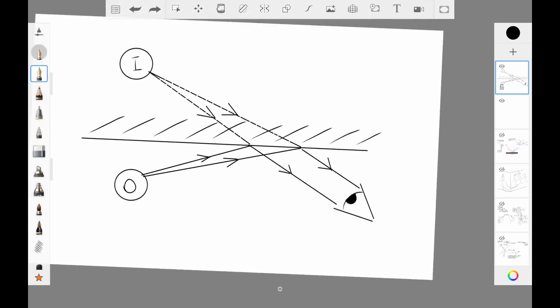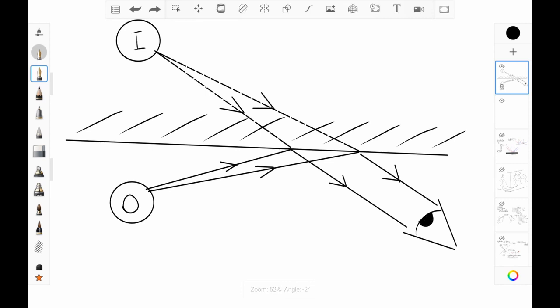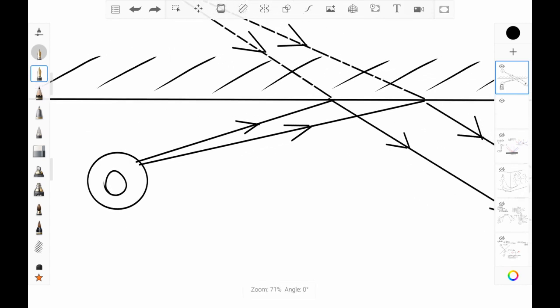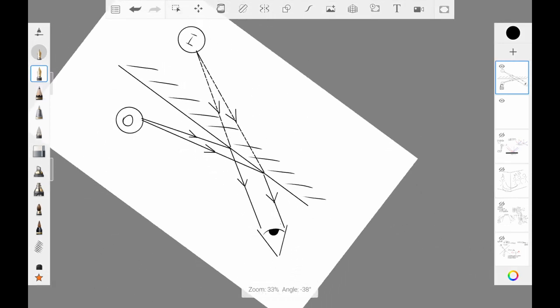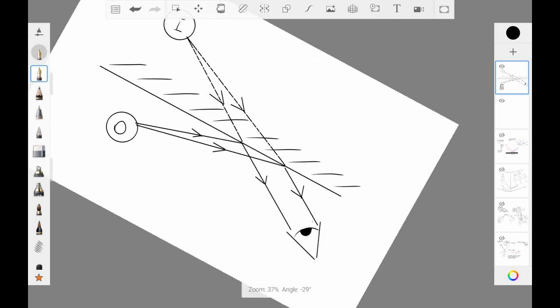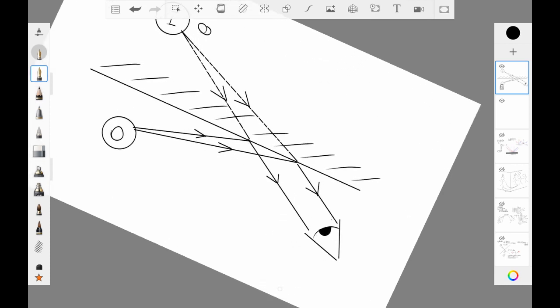And the reason you see the reflected image is because this object is actually reflecting light waves of its own, which eventually make their way to the mirror and get reflected to your eyes. However, to us, without realizing it, it seems that this image itself is reflecting light waves and they're directly reaching our eyes.